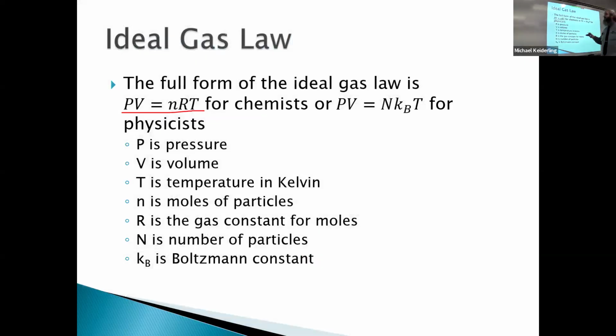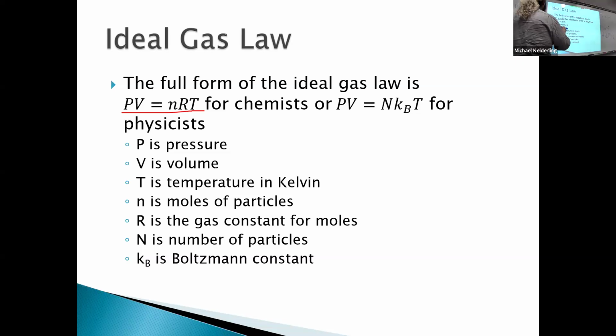So the full form of the ideal gas law, the most commonly used version, is PV equals nRT. That's the one generally used by chemists. Here n is the number of moles of a substance, and this is pressure, volume, temperature, number of moles, and this is what's known as the gas constant.